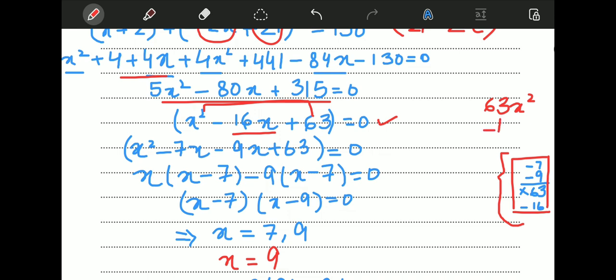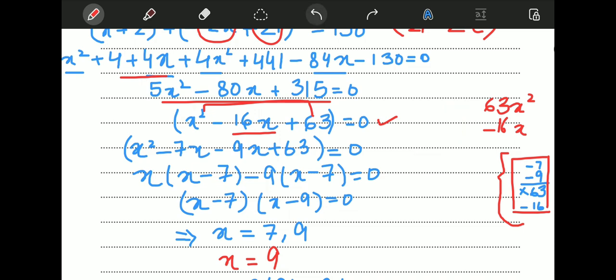So by adding you should get minus 16x. Okay, so these are our two numbers which when multiplied, minus 7 and minus 9, will give you plus 63x squared, and minus 7x and minus 9x, when added, will give you minus 16x. So this is all. Then simplify this, you'll get (x minus 7) into (x minus 9) equals to 0. So this implies that x is either equal to 7 or 9.